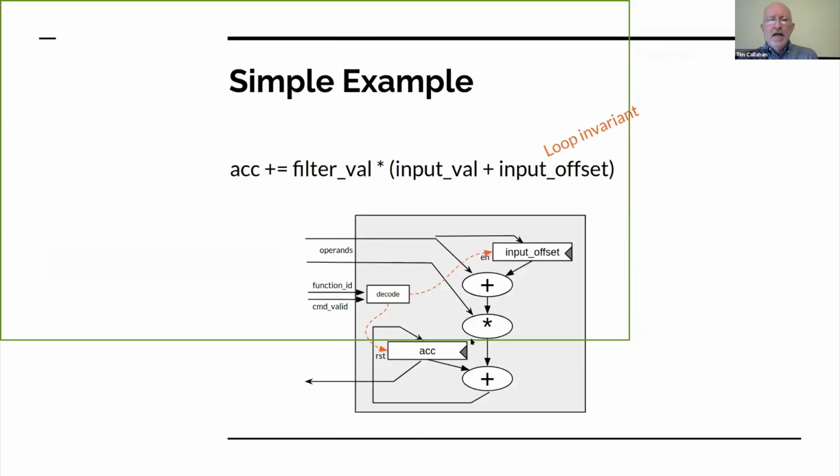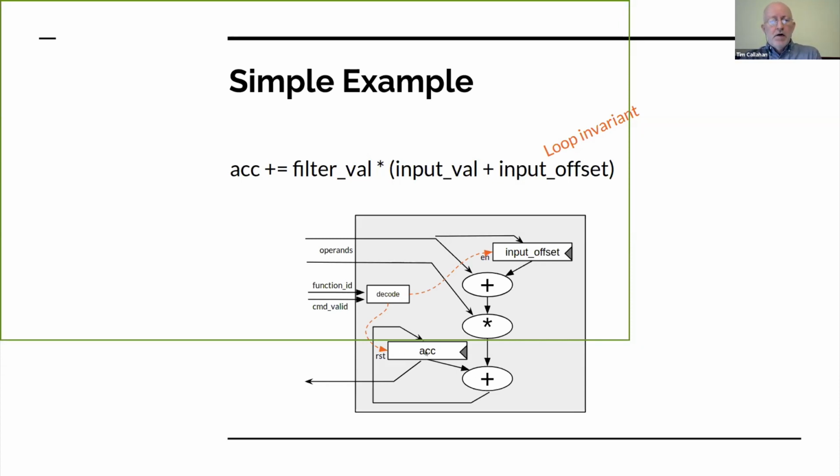So we don't need to keep moving it back and forth with each time we do this multiply accumulate custom instruction. This is an abstract view of our RTL. So it has the 2 operands along with the function ID, which is like the sub opcode, and has a little bit of decoding. So there's going to be an initialization instruction that will load one of the operands into the input offset, and then it's just going to stay there until it's changed.